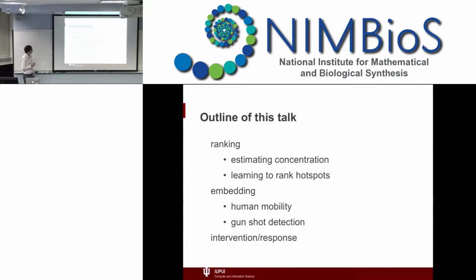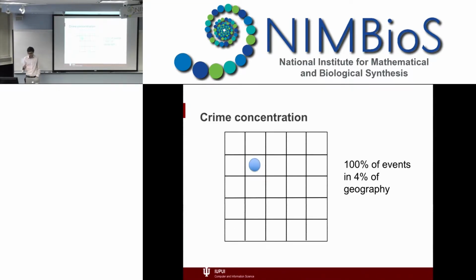The first one I'll talk about is ranking, which gets at this idea that David Weisburd has. When you calculate one of these statistics, his law of crime concentration, there's a problem you run into, and we ran into this when we were trying to look at opioid overdose concentration, because we only had 1,000 events in about 5 years.